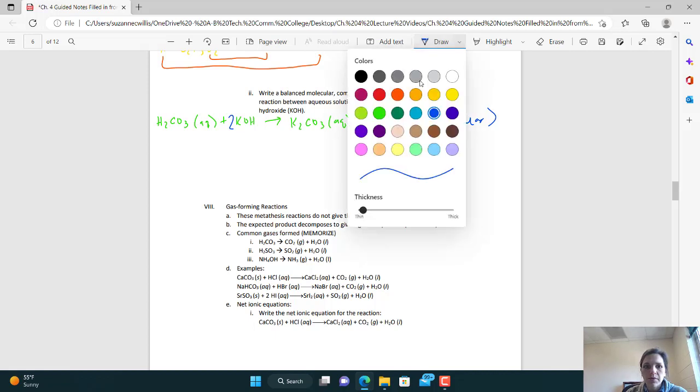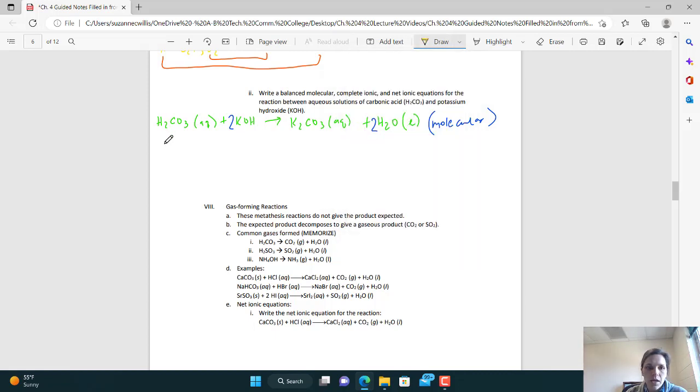Now we'll do the complete ionic. Okay, we break apart anything strong. This guy is a weak acid, so you have to leave him together. This guy's a strong base, so you break him apart.